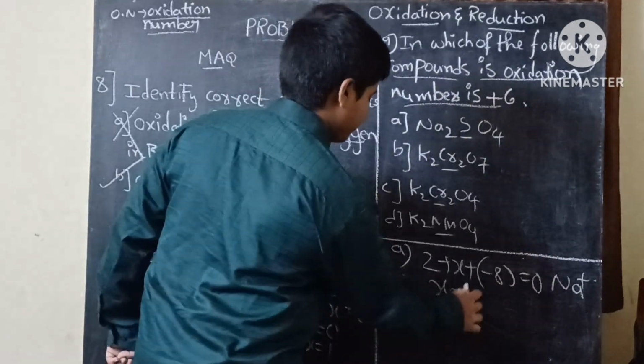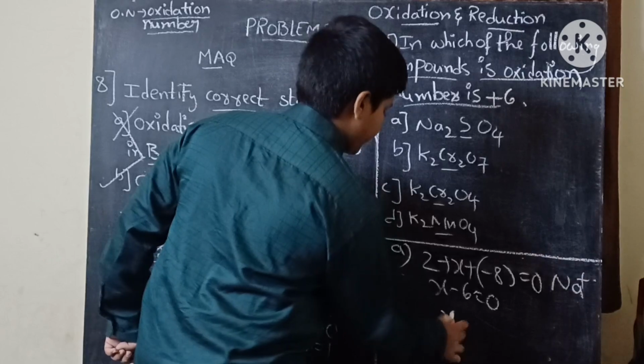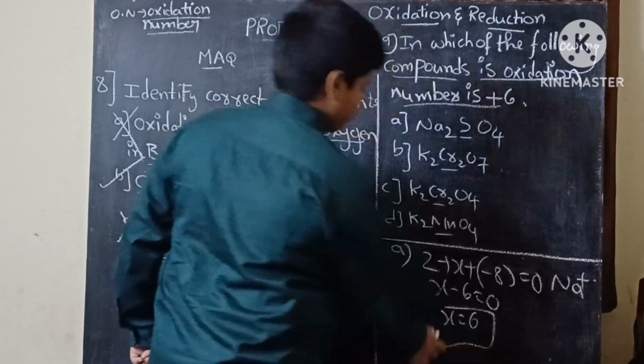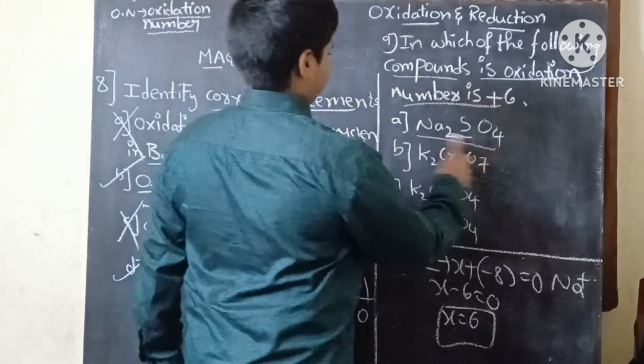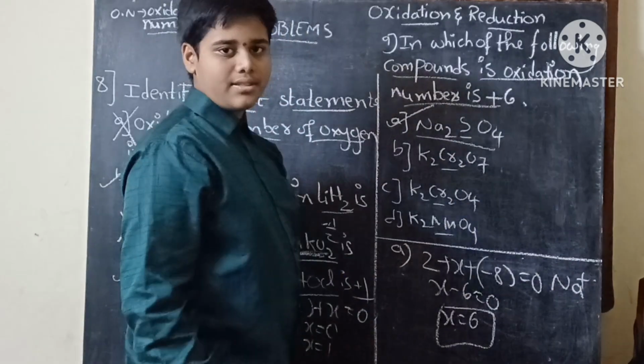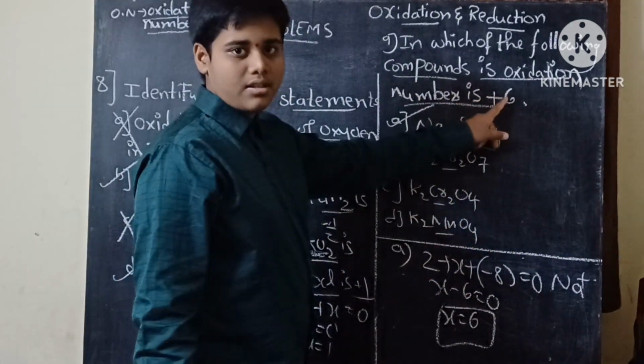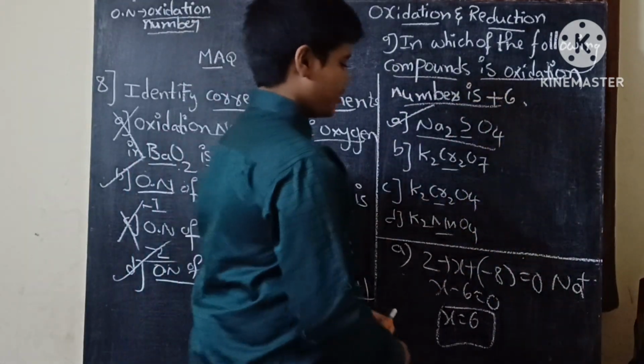So x minus 6 equals 0, so x equals 6. So the first compound is correct because they asked for plus 6.